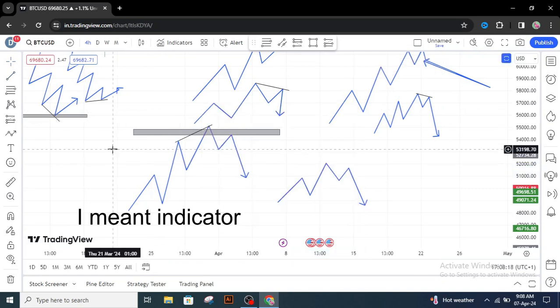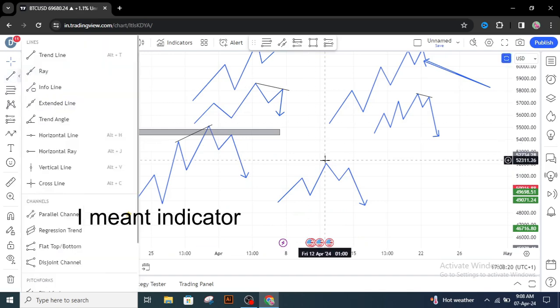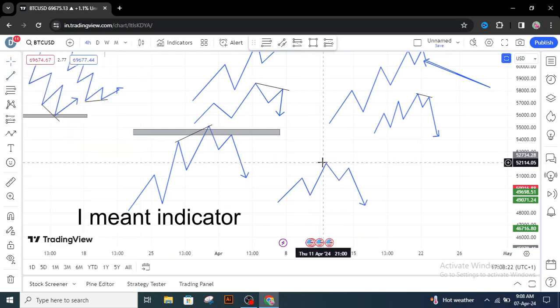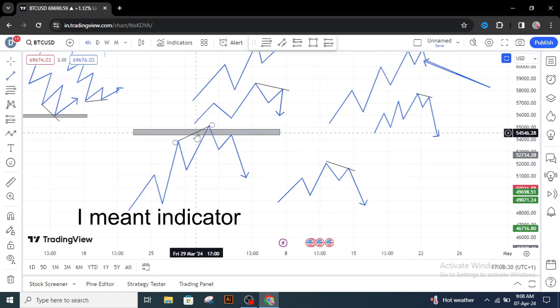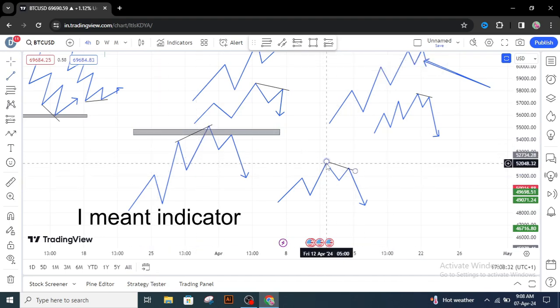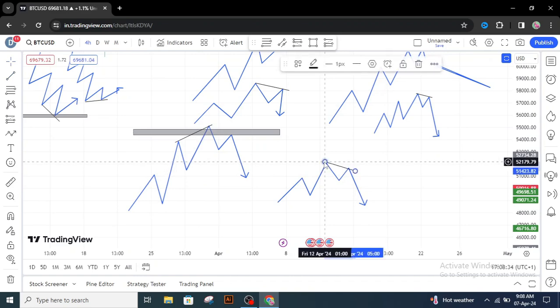Okay, sorry, let me pick it. Okay, like this. Now you will see something like this, and what that tells you is that there's no momentum.